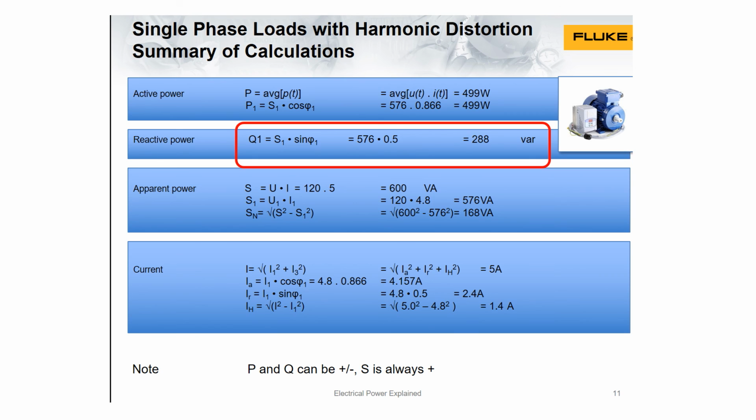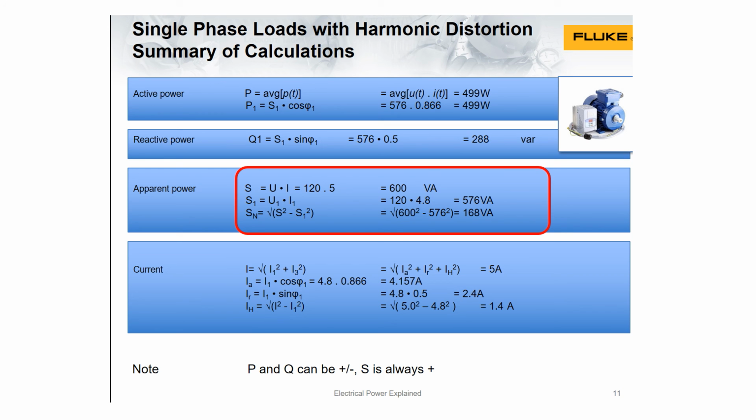The corresponding fundamental reactive power, Q1 equals S1 times sine phi 1, is the largest reactive power component, and the only important one. The apparent power S supplied by the utility splits into the fundamental apparent power S1 and the non-fundamental apparent power Sn, which collects together all the harmonic powers: active, reactive, and harmonic currents.